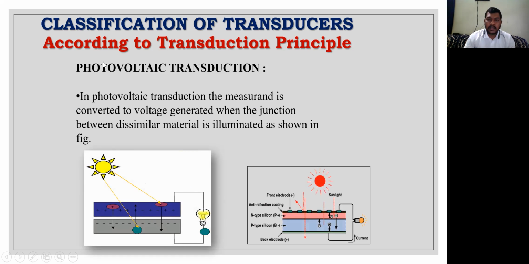So this is the concept of photovoltaic transduction. The sunlight is focused on these panels, and in turn it generates electricity, giving you a current that can be used. This is the basic concept of photovoltaic transduction, which converts solar energy into electrical energy.